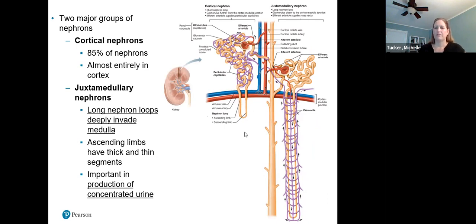This diagram also illustrates how there are two capillary systems involved with the kidney tubules. If you remember, we have a lot of reabsorption and some secretion going on. And if the kidney tubule cells are pulling items out, they need to have somewhere to go.